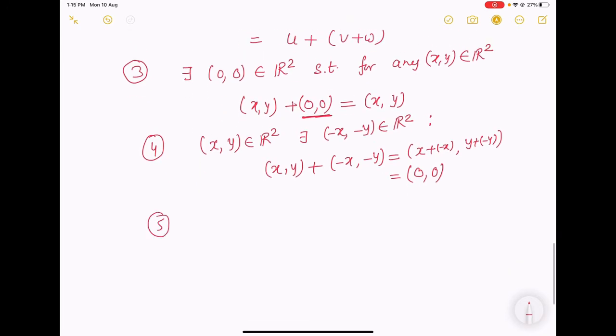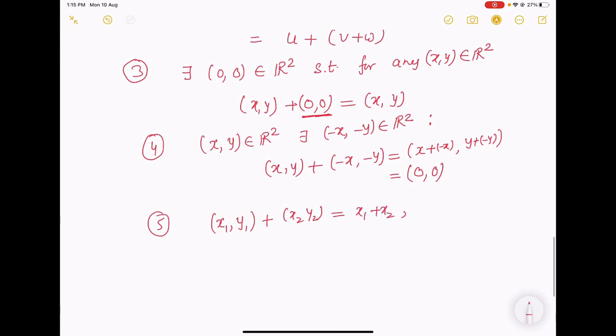The fifth property is the commutativity. For any two elements, x1 y1 added to x2 y2 gives you x1 plus x2 comma y1 plus y2. Now we can change this order. We write it as x2 plus x1 and y2 plus y1. Why?